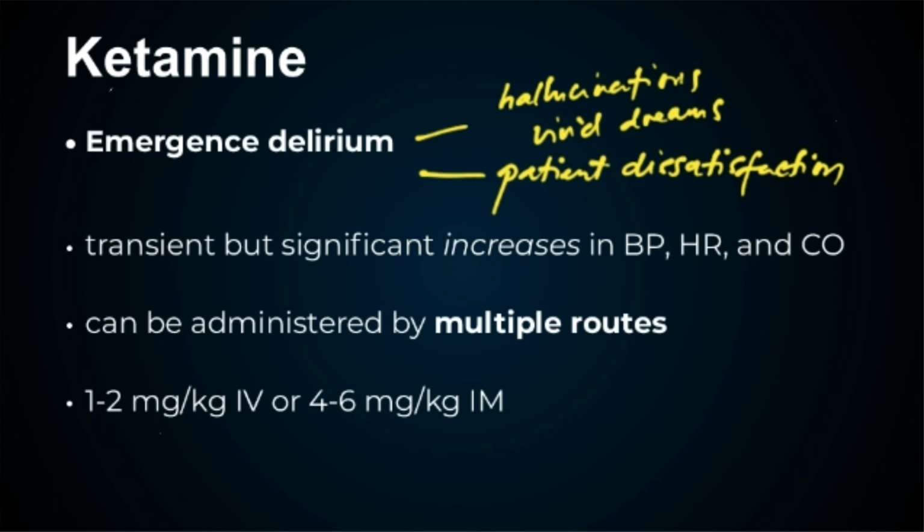The upside of ketamine, though, is that it can be administered by multiple routes. So it can be given IV or IM or oral, rectal, or epidural. So that's why it is a useful option for pre-medication in patients who are mentally challenged or patients who are uncooperative.